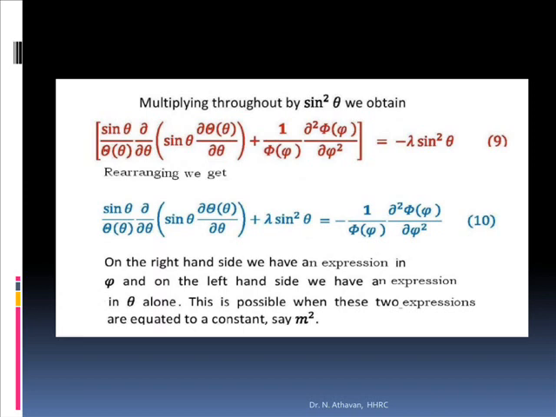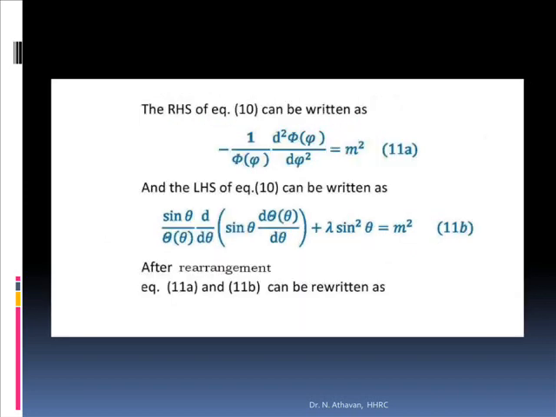So we can easily separate by writing equation 10 in the form given in equation 11a, which is minus 1 divided by phi into d square phi by d phi square is equal to m square.